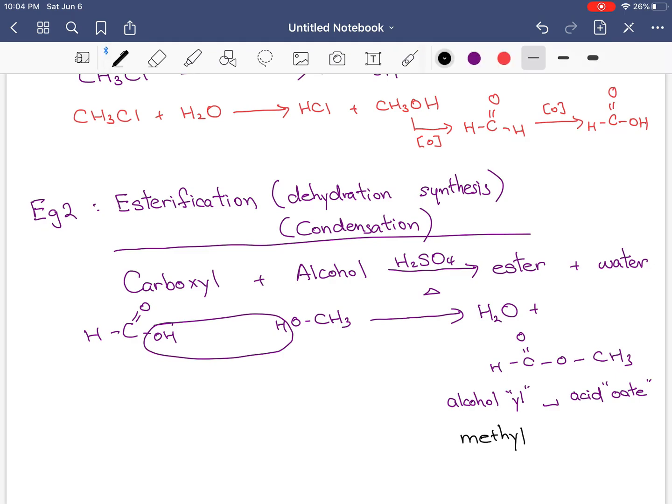So, methyl. Now the acid part. The acid part came from here. It's also a 1-carbon carboxylic acid, so it's also a meth. So it'll be methan. This is an ester. I don't want to hear methanoic acid, but methanoate. So this molecule is called methyl methanoate.